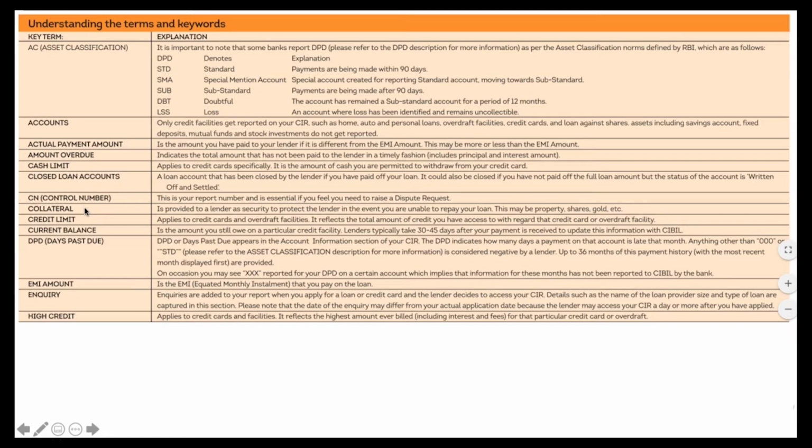Then collateral. In the case we have seen, there was no collateral; that individual had not given any collateral. But what is collateral? It is additional security given to the lender so that the lender can safeguard himself. In the event of the borrower not paying the money, the lender can enforce that asset, realize the money and have the loan account closed.